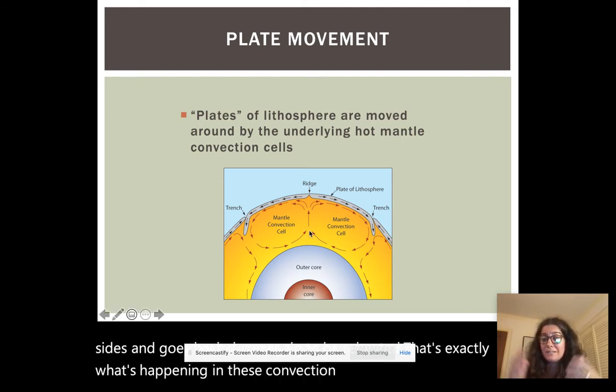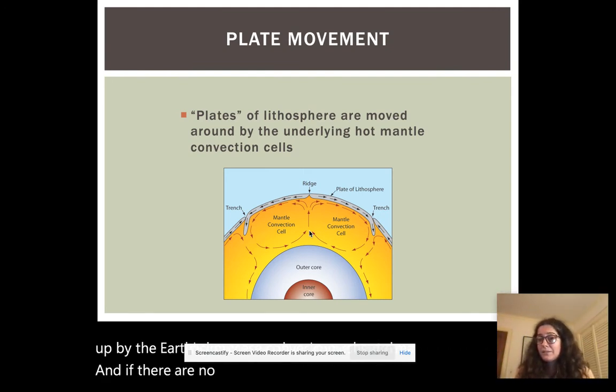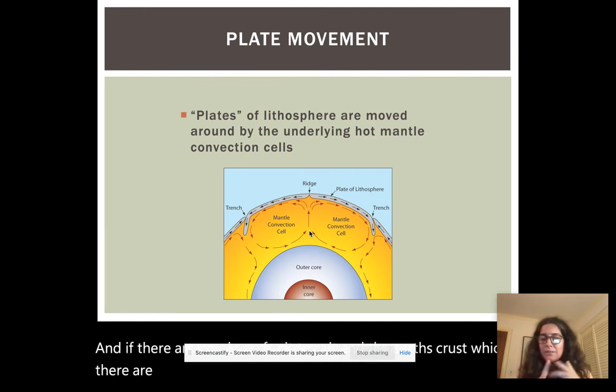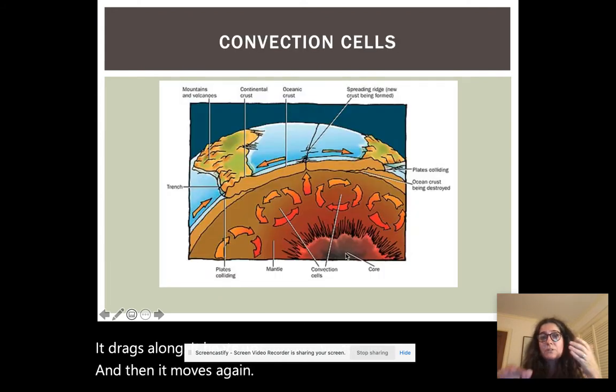The mantle is heated up by the Earth's inner core, rises because heat rises, and if there are no places for it to exit in the Earth's crust, which there are, right? Like hot springs, like volcanoes, it drags along, it heats up, and then it moves again and goes back down to become reheated again.